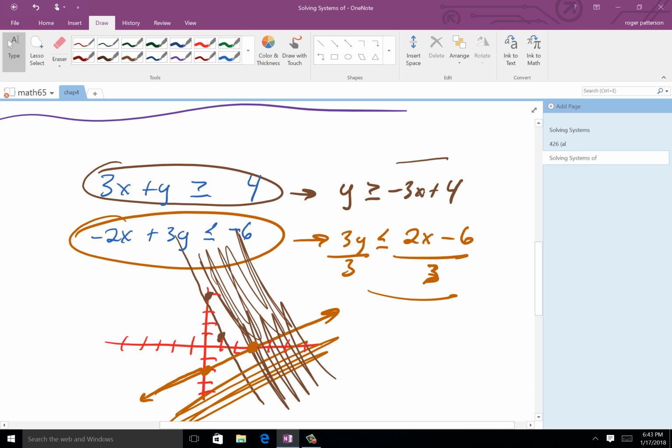Okay. What did you do with the 3? So I took this equation here, right? And here's my 4, correct? So 1, 2, 3, 4 is my y-intercept. Slope is rise over run, right? So it's negative 3 over 1.